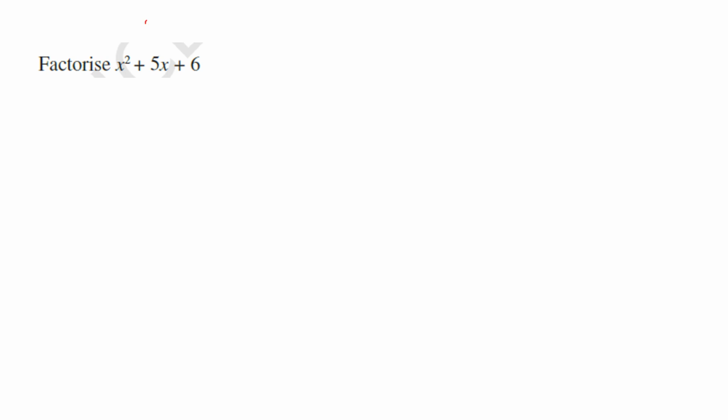x square plus (a + b) whole x plus ab is equal to (x + a) into (x + b). So what we have to do, we have to split this middle term in such a way that the sum will be equal to 5. Okay, and the numbers which you are going to split this 5 into, if you multiply them you should get this number 6.